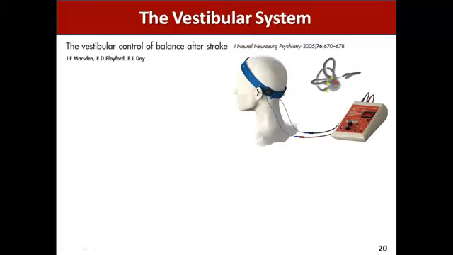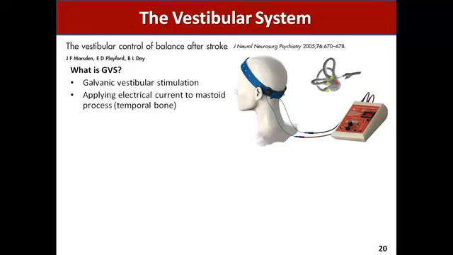And so experimentally, a unique way to activate the sensory organs is through what we refer to as vestibular stimulation. And so this is referred to as galvanic or electrical vestibular stimulation.